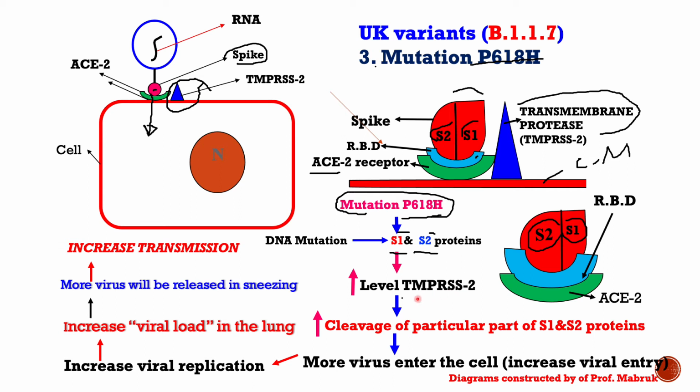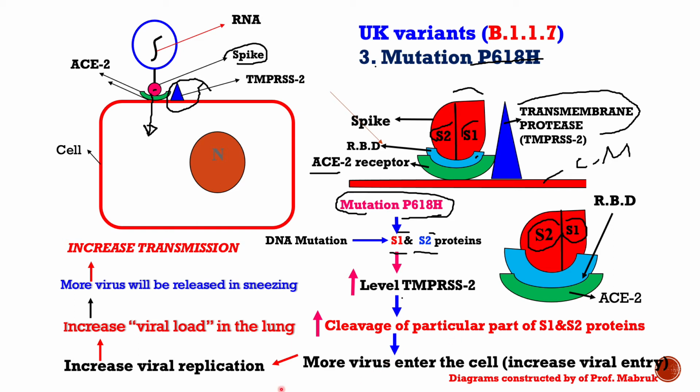So once there is an increase in the transmembrane proteases, there is more cleavage, isn't it? Remember we said that the function of this transmembrane protease is to cause cleavage of a particular part of the S1 and S2 spike proteins of the coronavirus COVID-19. Because there is an increase in the transmembrane proteases, there will be more cleavage of the spike proteins of the coronavirus COVID-19.